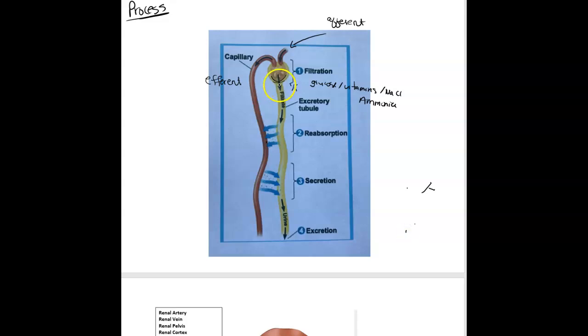The good things that we want to keep are going to be reabsorbed back into the blood. In between here, we have the transport epithelium.